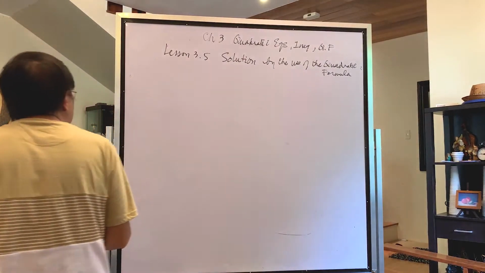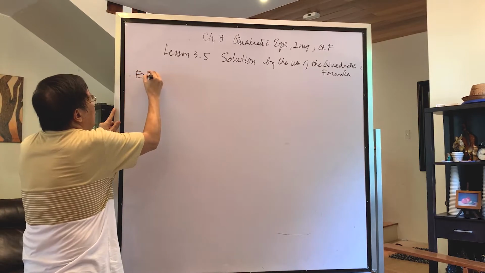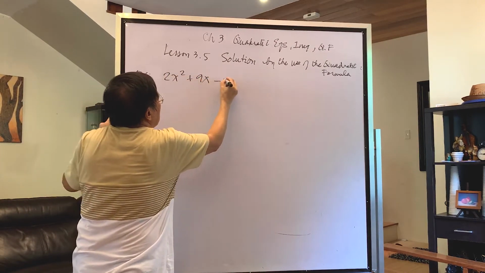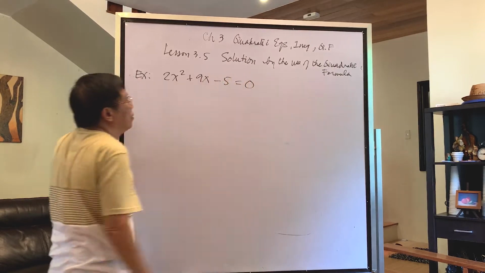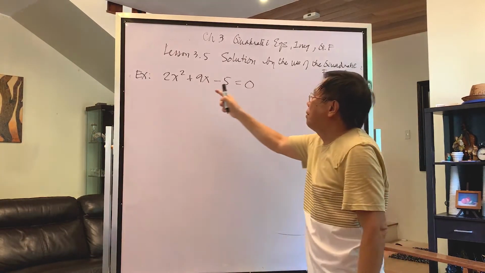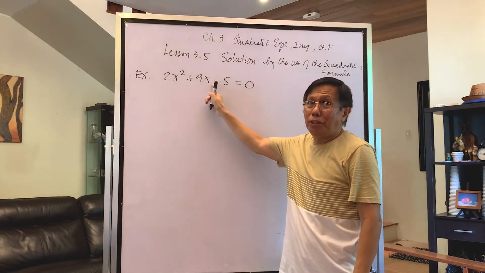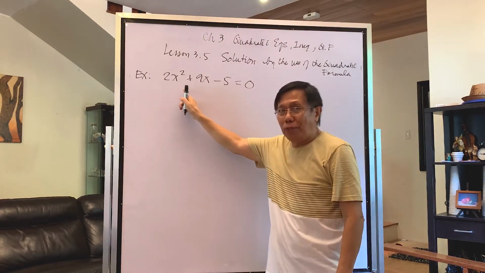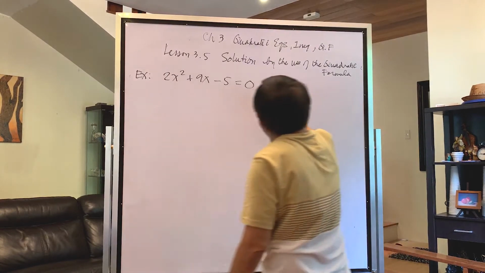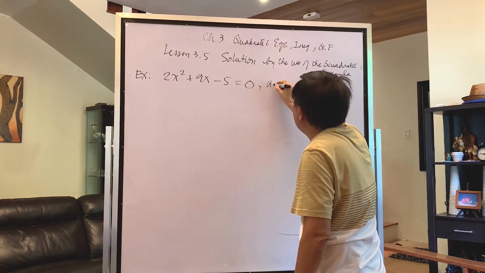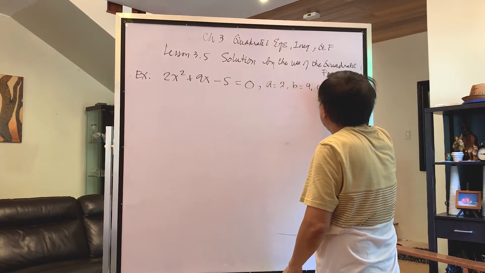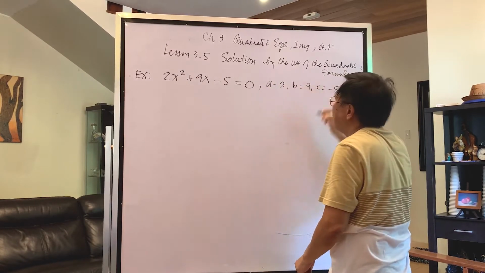Let's have some exercises. For example, we have 2x squared plus 9x minus 5 equals 0. For us to use the quadratic formula, we need to write our quadratic equation in standard form. The given is already in standard form, and we can now identify the values: a is 2, b is 9, and c is negative 5.